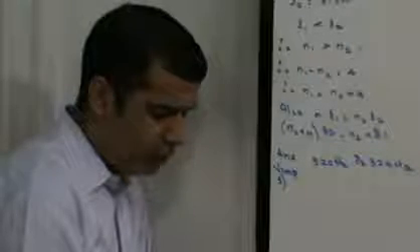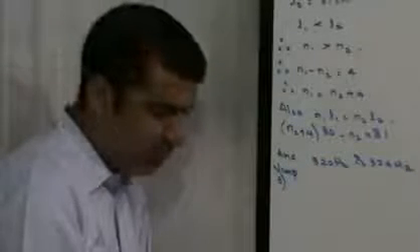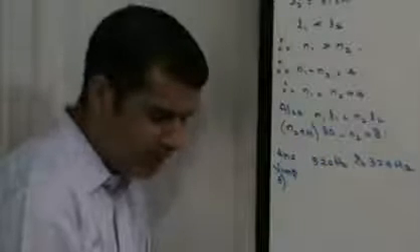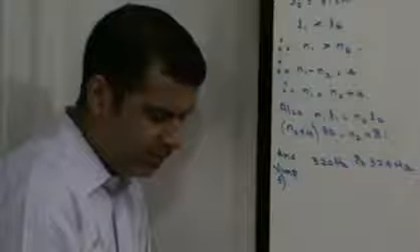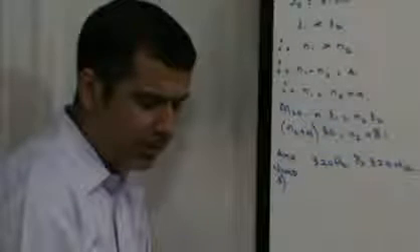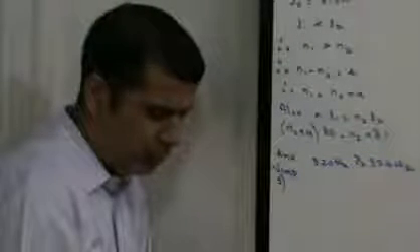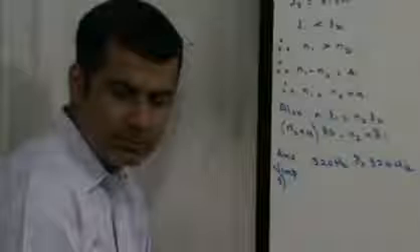Each tuning fork gives 5 beats per second with the previous one, and the frequency of the last tuning fork is 1.5 times that of the first.